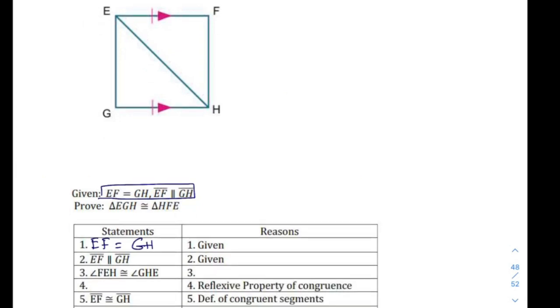Now, angle FEH, this one, is congruent to angle GHE. As you see here, it looks like the letter Z. That means they have used the alternate interior angles theorem.